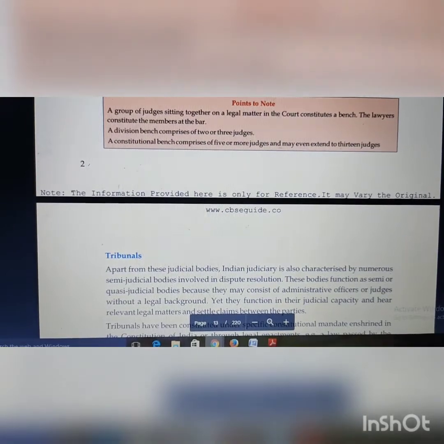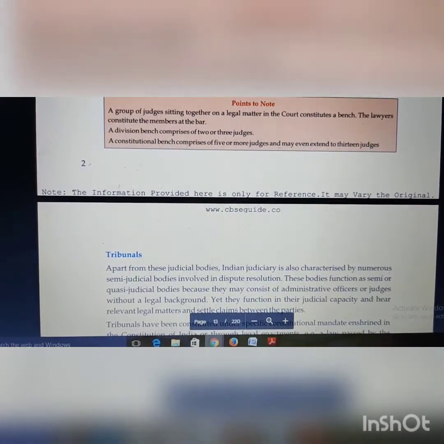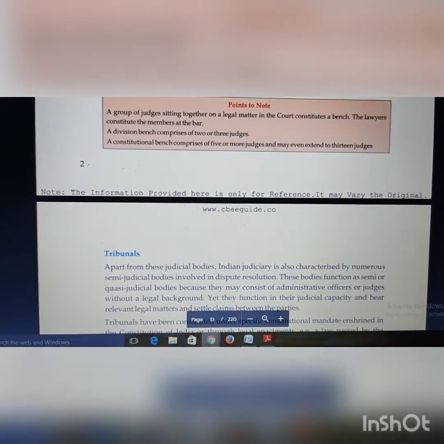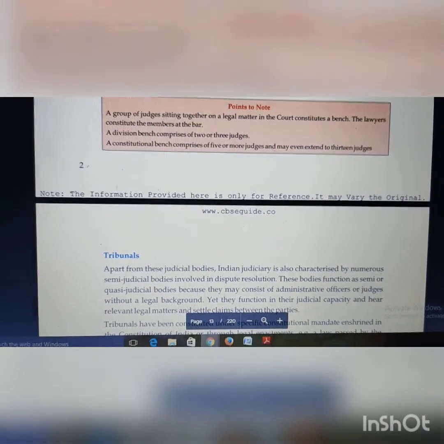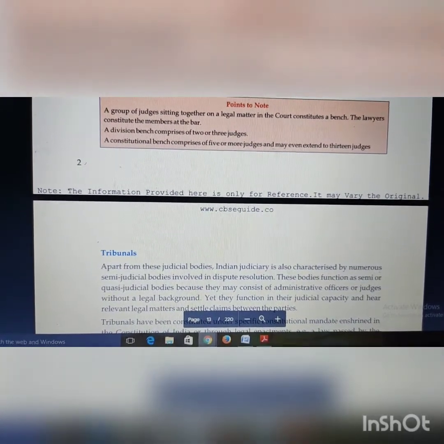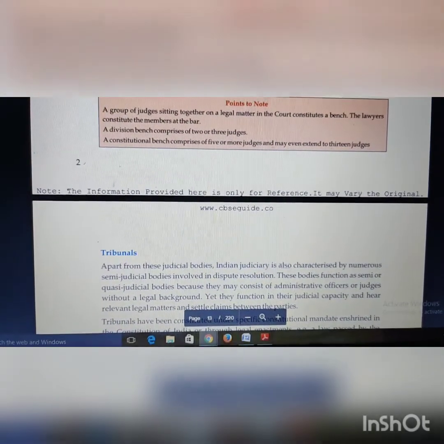A division bench means, again, bench is a group of judges. Division bench consists of 2 or 3 judges. Generally, the division term is used for 2 judges. Constitutional bench comprises 5 or more judges, which can extend to 13 judges.